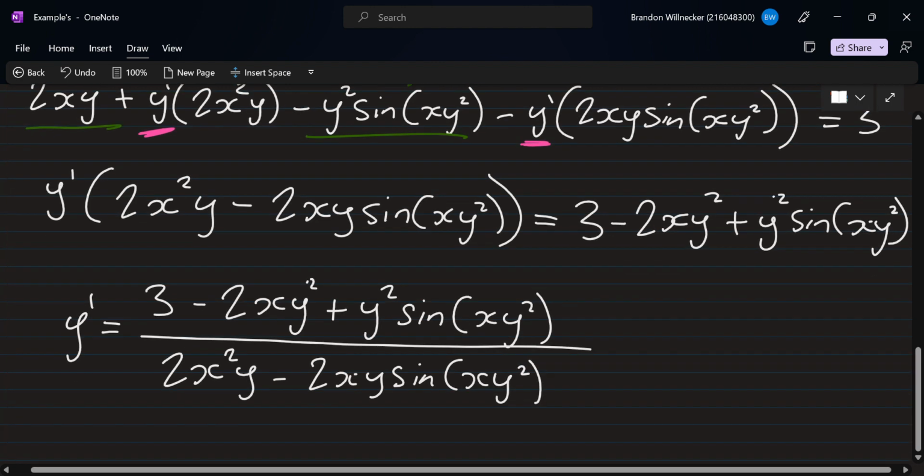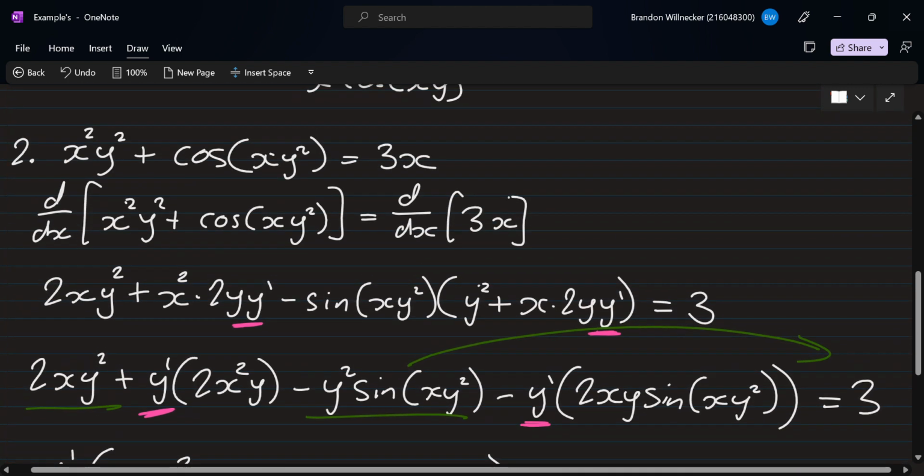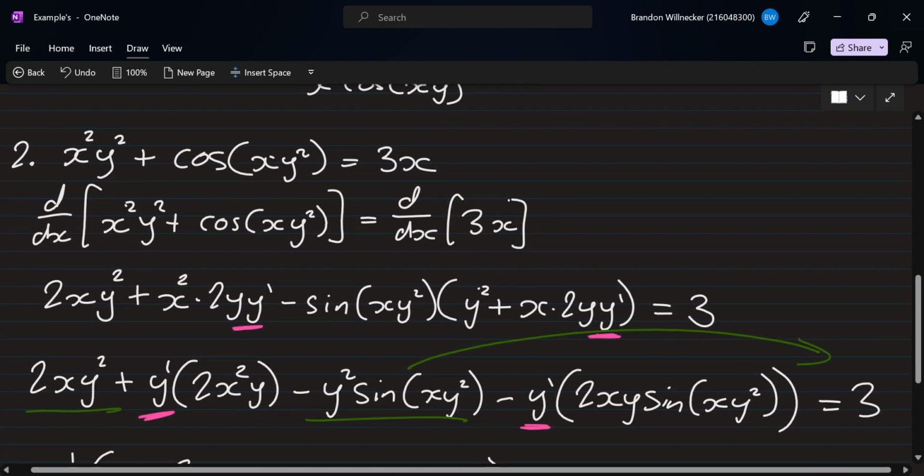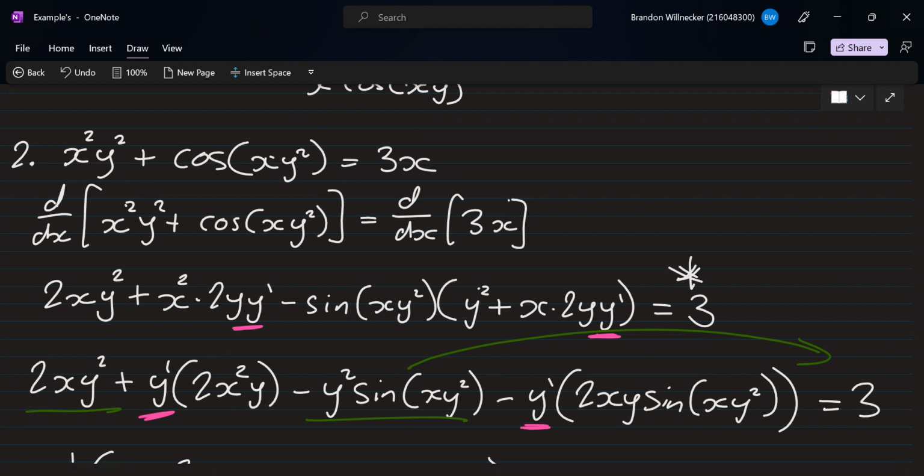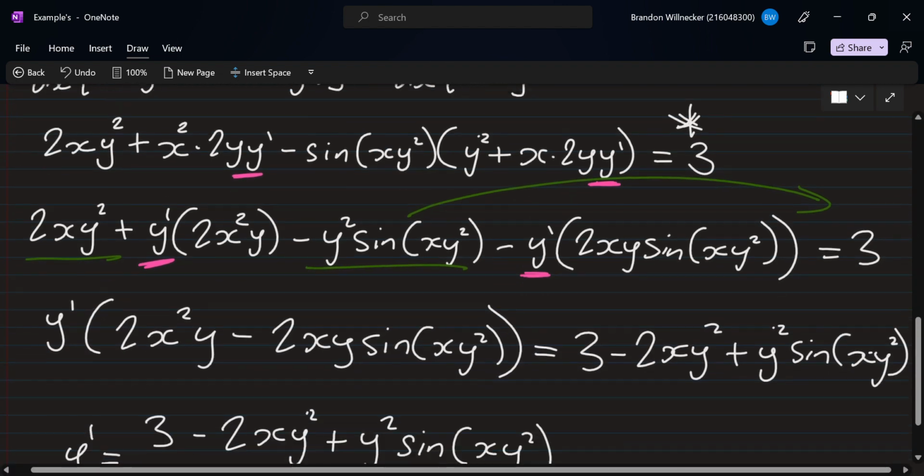And again, this looks very messy and complicated, but if we look back here to when we did the derivatives, so this line over here, after that point, it's just a bit of shuffling terms around and dividing by other terms. Okay, so where that star line is, that's it for the derivatives.